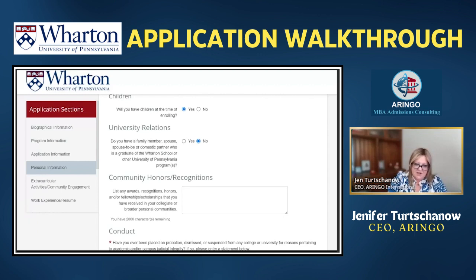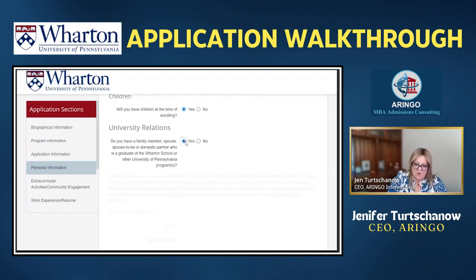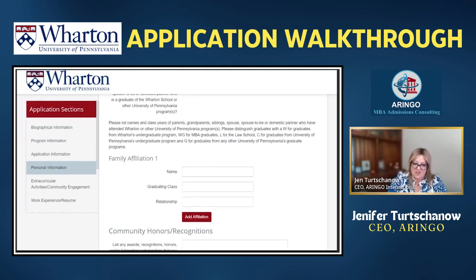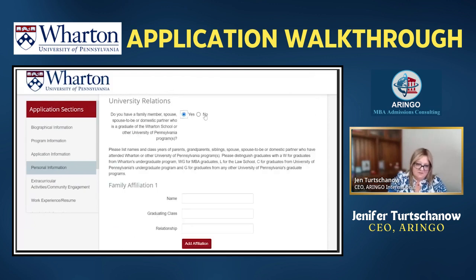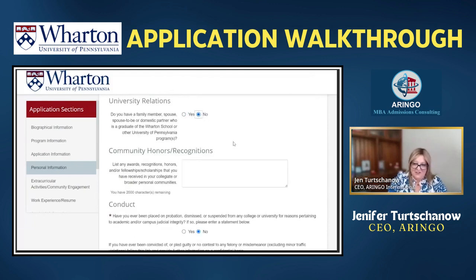And then the next thing: do you have family members who are graduates of the Wharton School? This gives you an opportunity to show this affiliation to the school. If you're a legacy, you can share that there as well. And then community honors and recognition.